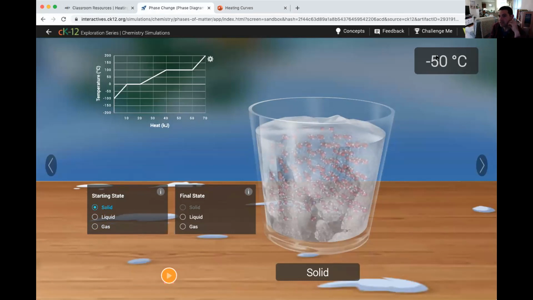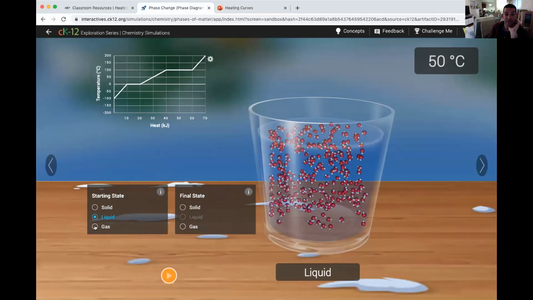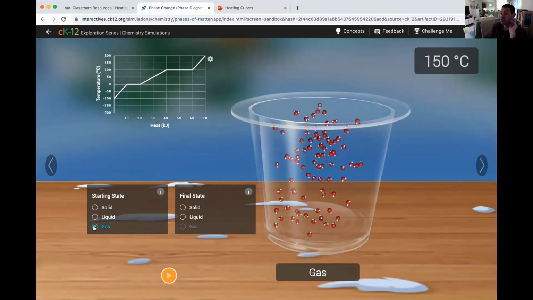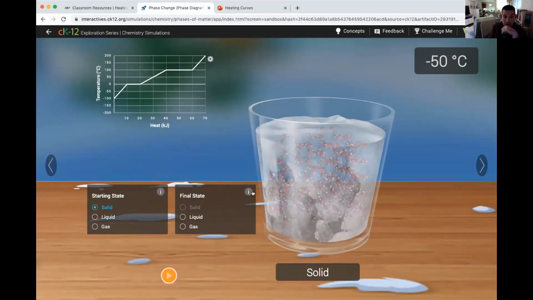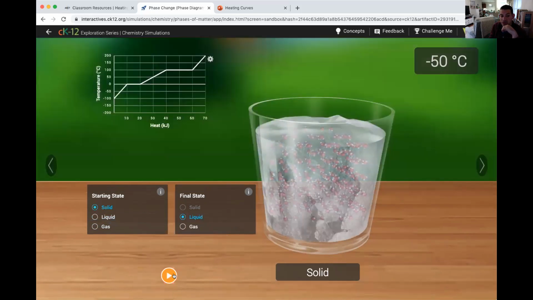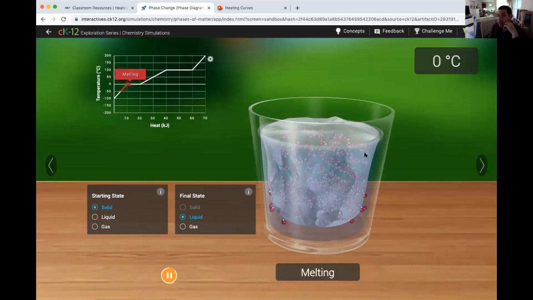Now, the important thing to note is the temperature up here. The solid's at -50, the liquid's at 50, the gas is at 150, so those are some pretty big jumps. So let's see what happens if we go solid to liquid. They're vibrating. I can't really notice a difference, but the temperature changes. But look at this.